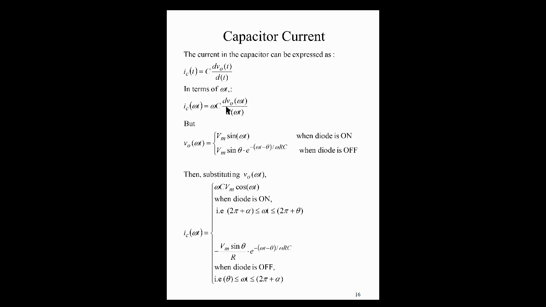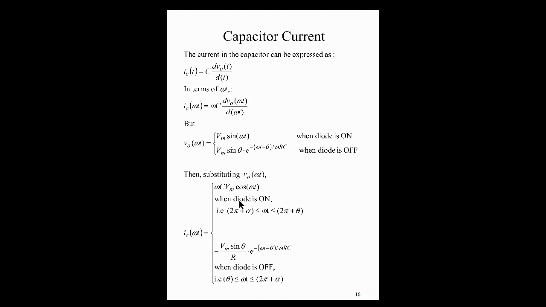So how do you do that? Your I omega c is equal to omega c dV output, the derivative of your output voltage with respect to time, right? So this is your output voltage. So you're going to find the first derivative, right? And this is omega c times V cosine theta. This is when the diode is on.